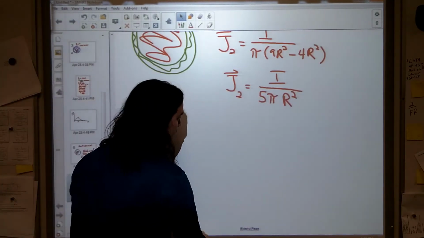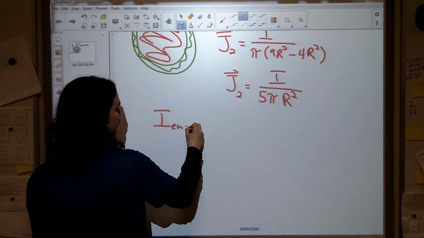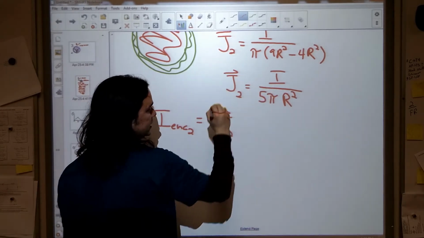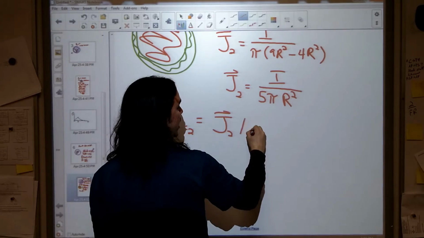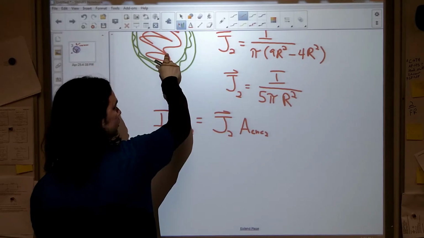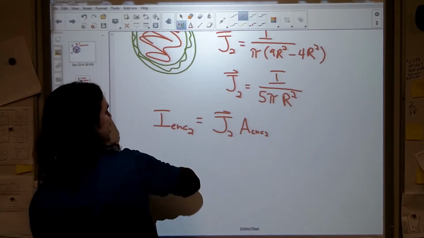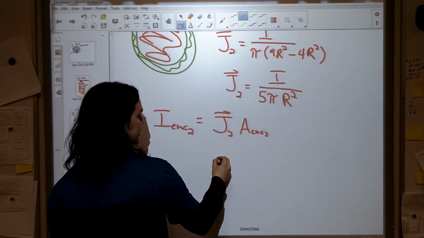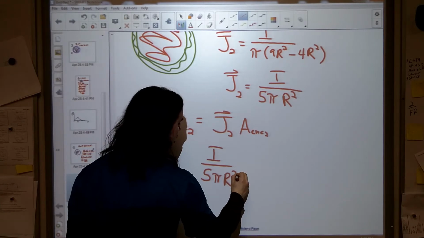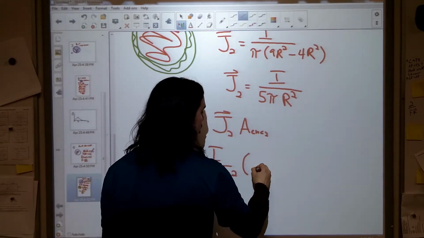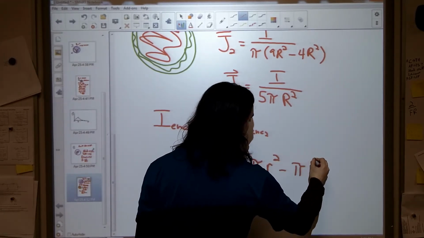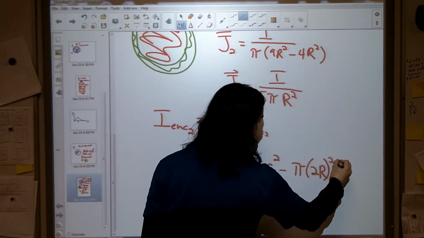If we want to find I enclosed for the second wire, that's going to be equal to J2, the current density, times the area enclosed of the second wire, which once again, take a look at this, the green and red that I drew before. This time, what we're going to end up with is J2, which we said was I over 5 pi big R squared, times the area enclosed, which is going to be pi little r squared minus pi 2r quantity squared.